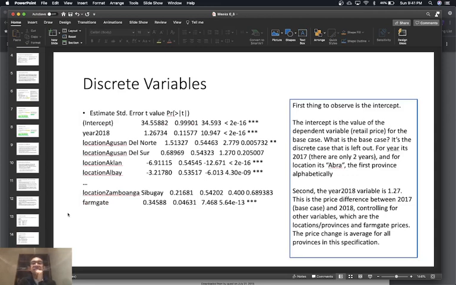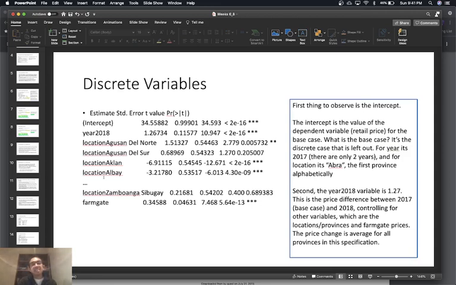So the first thing to observe is the intercept when it comes to having multiple discrete variables. The intercept is the value of the dependent variable retail price for the base case. So what is the base case? It's the discrete case that is left out of the listings here in the table. For the year, it's 2017.